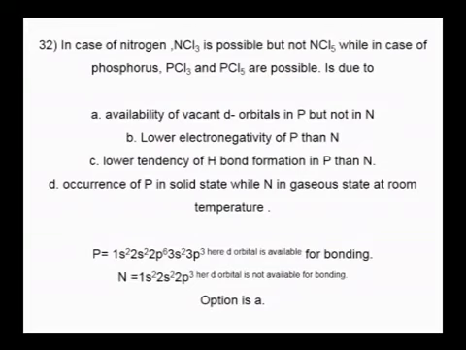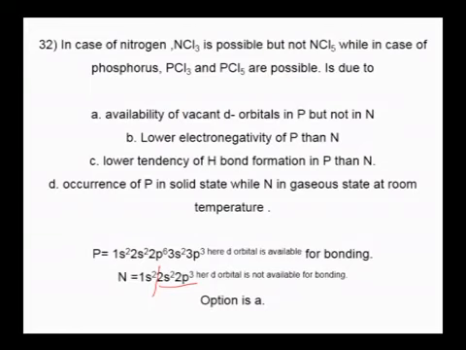So, here the formation of molecules from nitrogen and phosphorus is given. The formation of molecules depends upon the overlapping of orbitals and also the availability of orbitals. In nitrogen, the valence shell electronic configuration is 2s2 2p3.